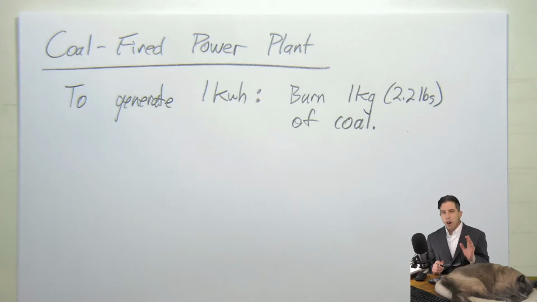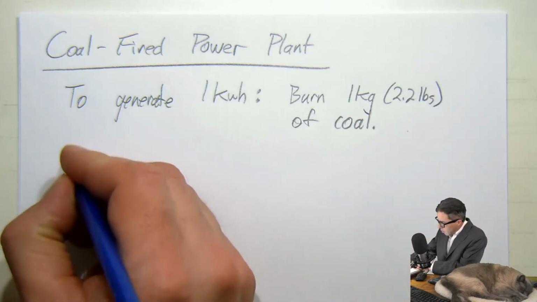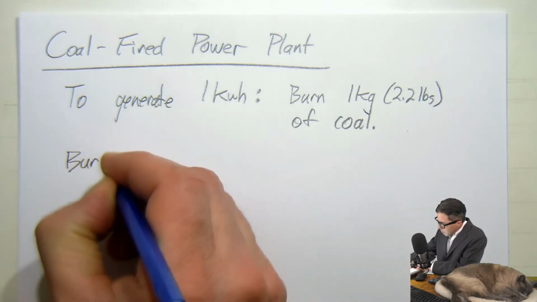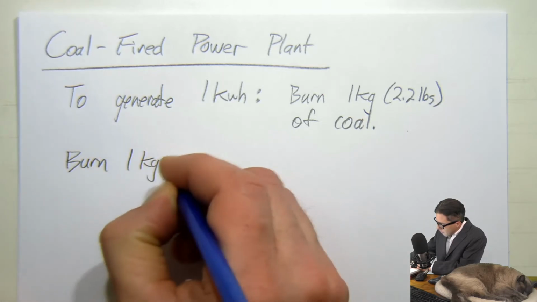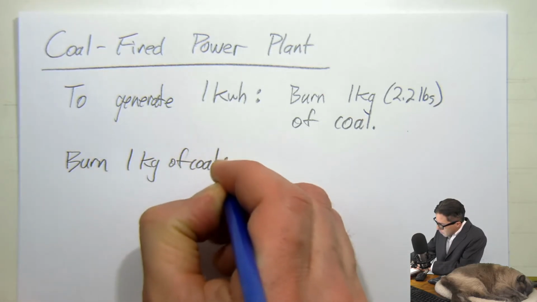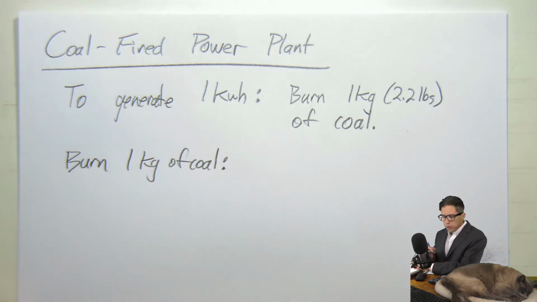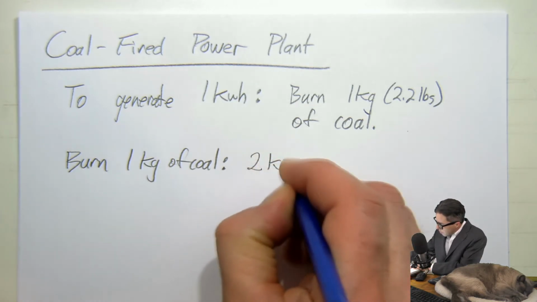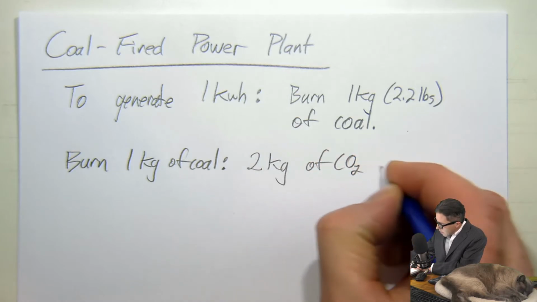Okay, so the problems that we're going to have are all kind of the same format, which is that we'll have a scenario. We want to know how much coal is going to be burned, and then we're going to figure out from that how much CO2 is produced. So it turns out that when you burn 1 kilogram of coal, you will produce 2 kilograms of CO2 gas.